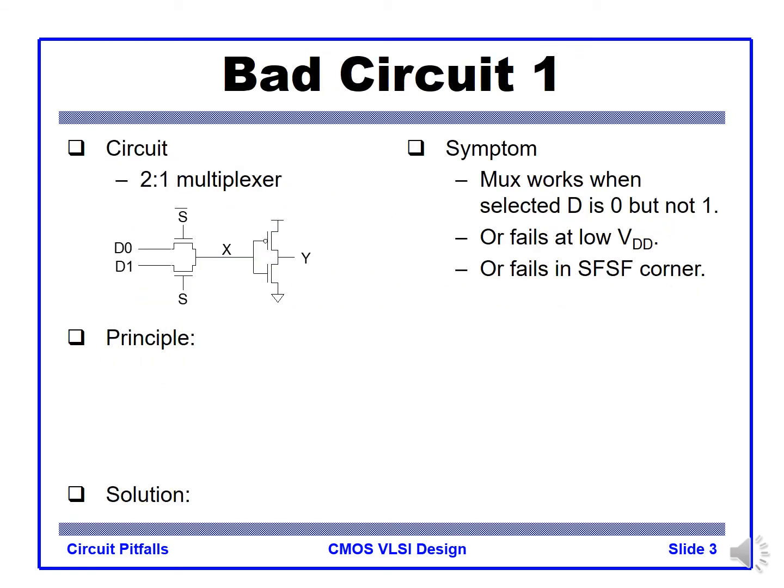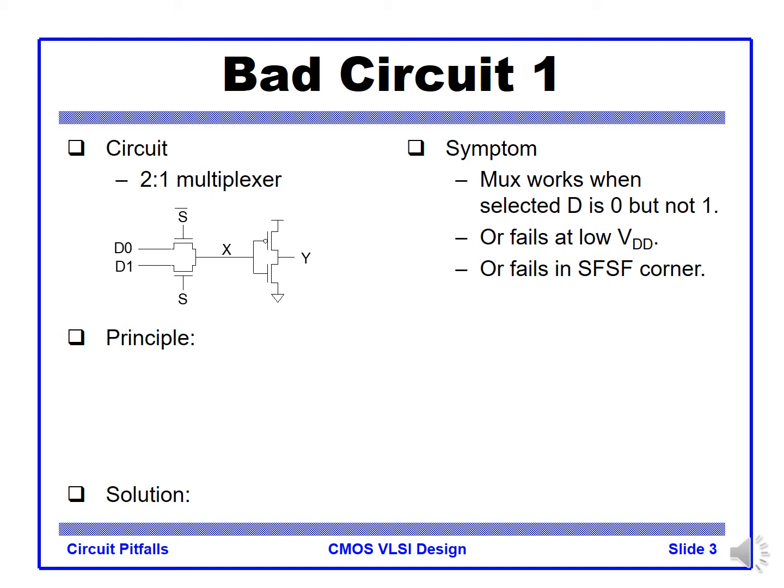This is a common 2-to-1 multiplexer you may think of. You may use only a MOS pass transistor for the 2-to-1 multiplexer.